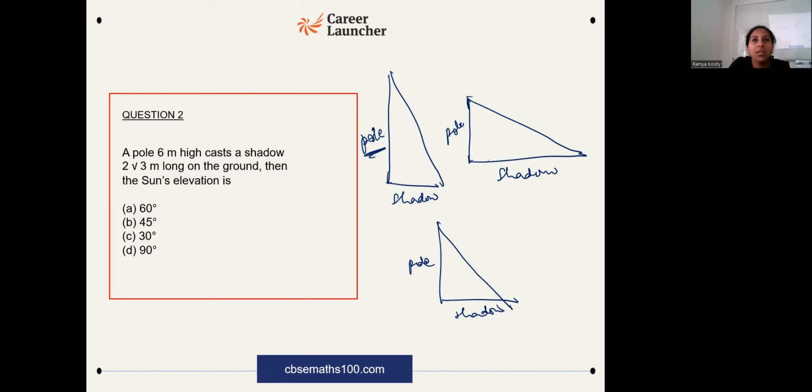Here, pole length is more than shadow length. If pole length is more than shadow length, this is a big angle. Answer should be 60. If pole length is smaller than shadow length, angle is smaller. It should be 30 degrees. If pole length is equal to shadow length, this should be 45.